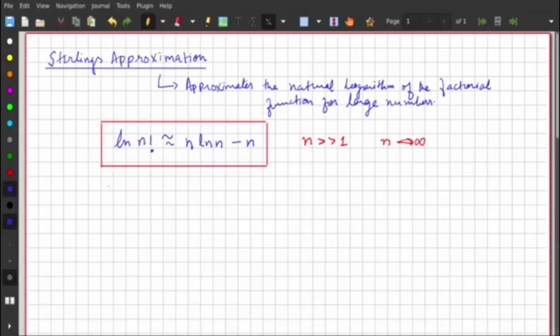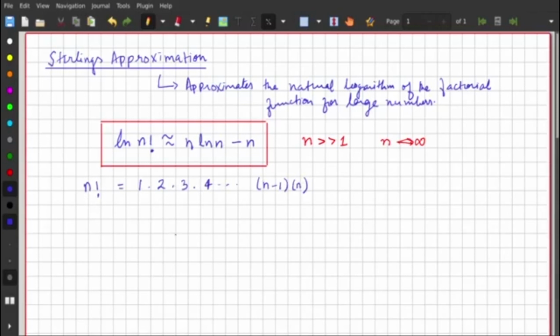Let's see how this comes about. So if you think about the n factorial function, it is basically a product of 1 into 2 into 3 into 4 up to n minus 1 into n. So this is the product of n natural numbers.